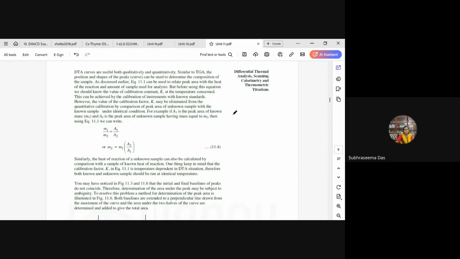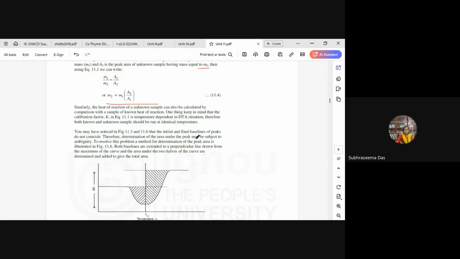If A1 is the peak area of known mass M1 and A2 is the peak area of an unknown sample having mass M2, then M1 by M2 is equal to A1 by A2, so M2 is simply given as this. Similarly, the heat of reaction of an unknown sample can also be calculated with a known heat of reaction value. We have to keep in mind that the calibration factor is temperature dependent in DTA, and therefore the reference and our sample should always be run at identical temperature.